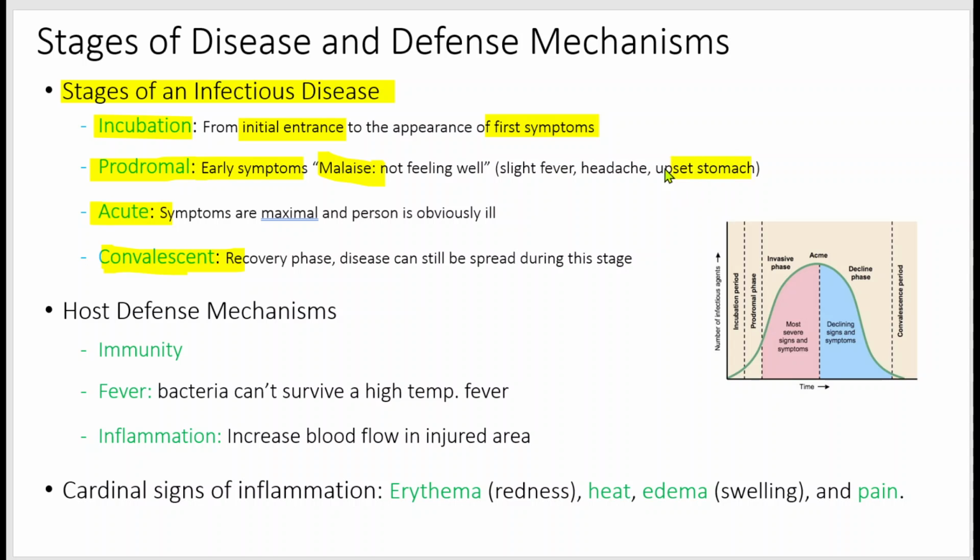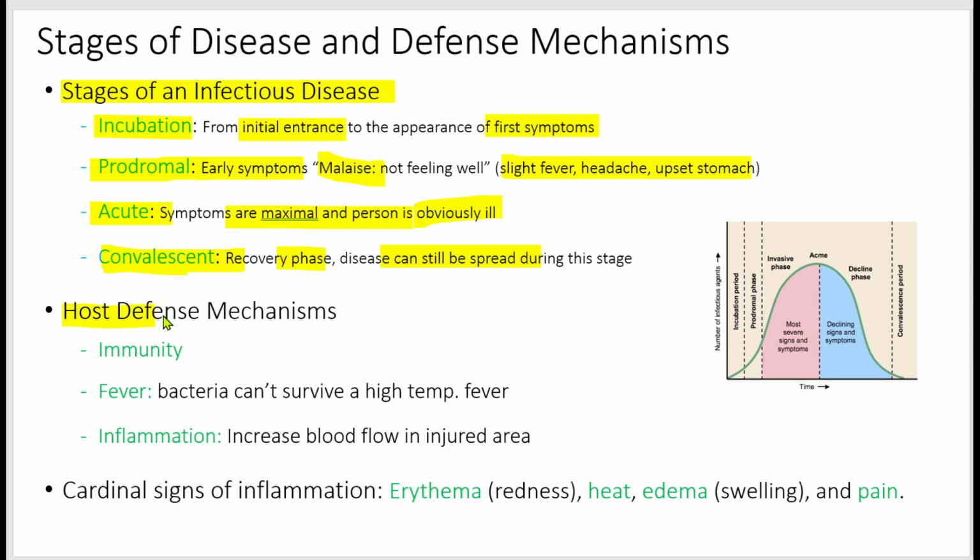Acute is when you have the maximum symptoms and are obviously ill. Convalescence is the recovery stage, and the disease can still spread. Some people will even carry it after they are completely healthy. They'll be a carrier of the disease.